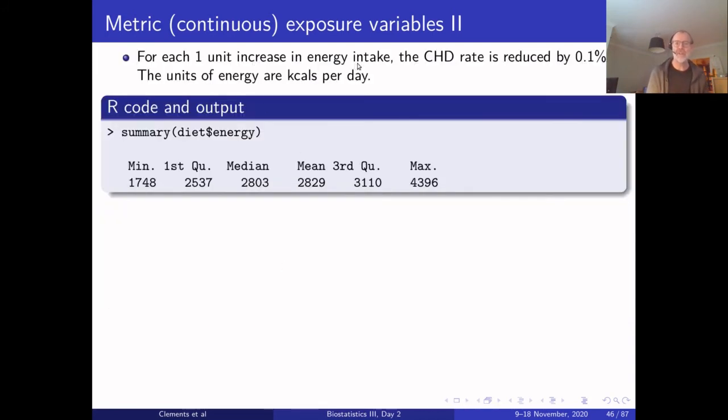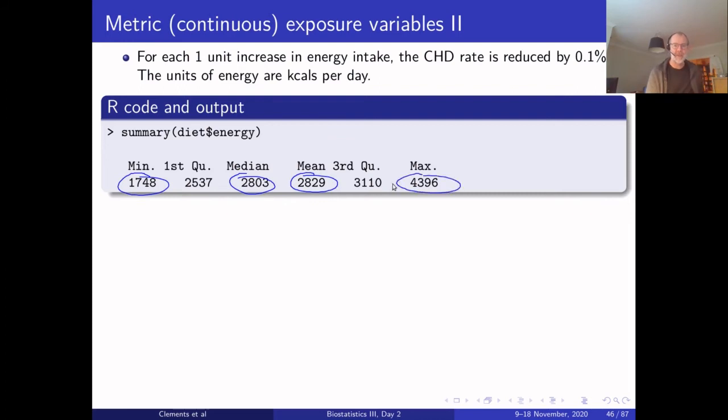For each 1 unit increase in energy, the CHD rate is reduced by approximately 0.1%, and the units of energy are kilocalories per day. We see that the median and mean values are quite high, with a reasonable range.